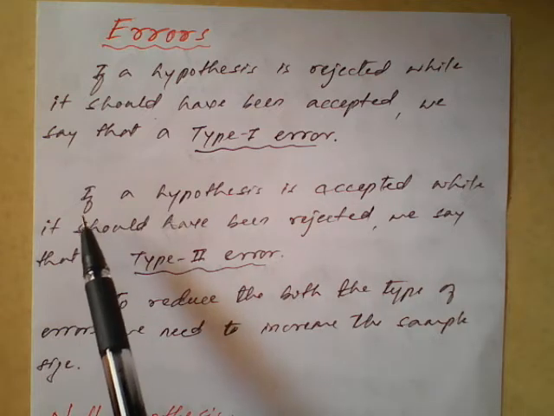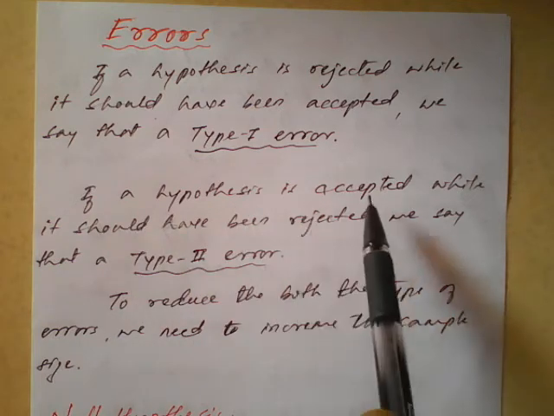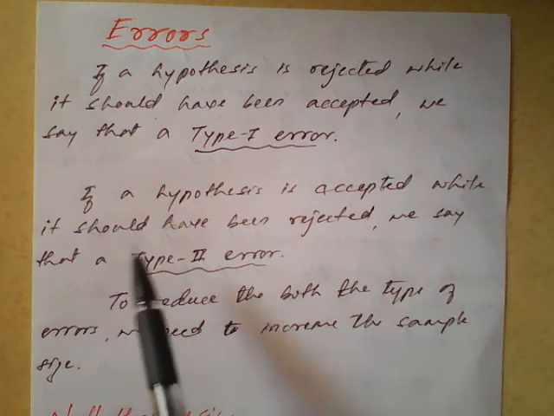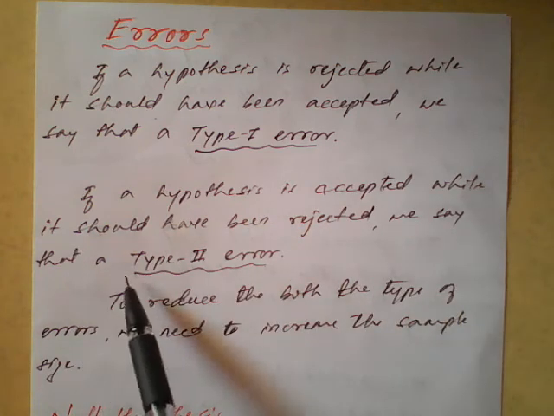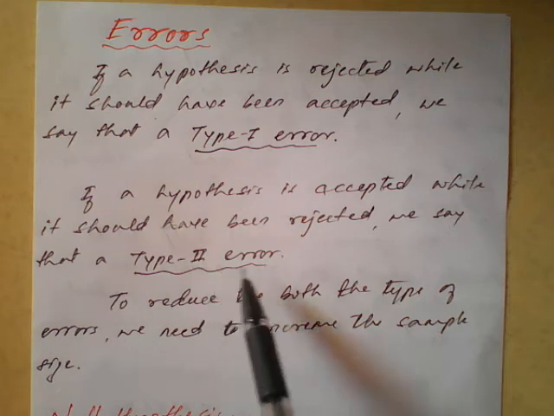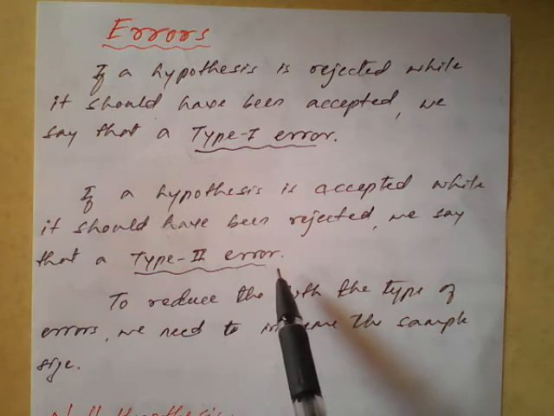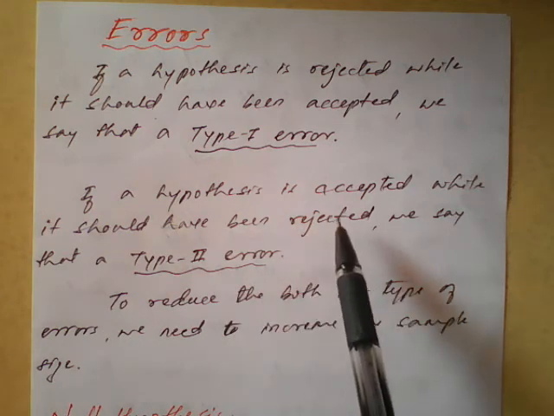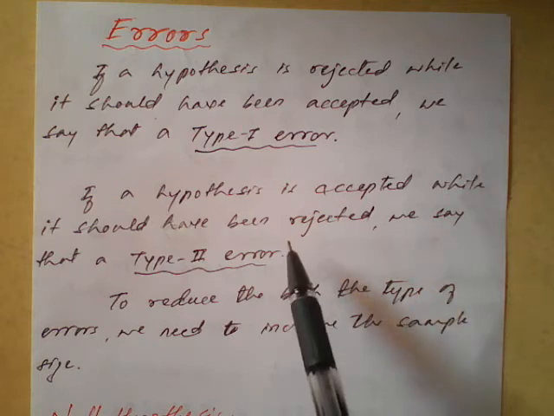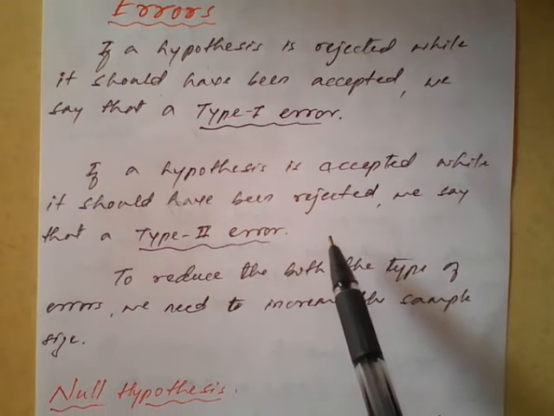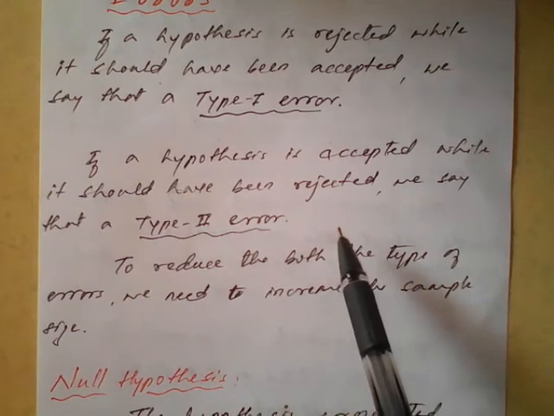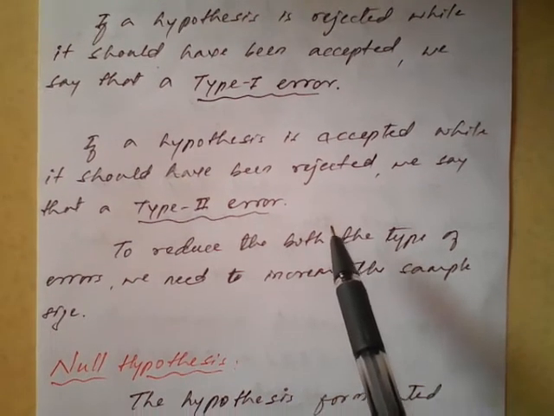Similarly, if a hypothesis is accepted while it should have been rejected, we say that it is a type 2 error. Means here we have accepted, but it could have been rejected. Such a kind of error is called a type 2 error.